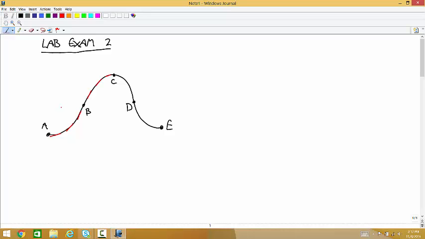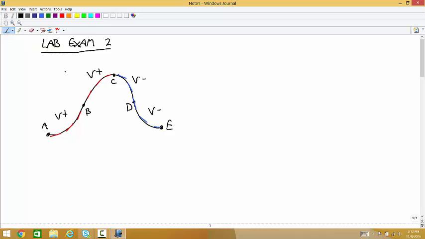So from A to B, that's a positive velocity, and from B to C, that's a positive velocity. And then from C to E, all of the tangents have negative slopes. And so this whole way, the velocity is negative.